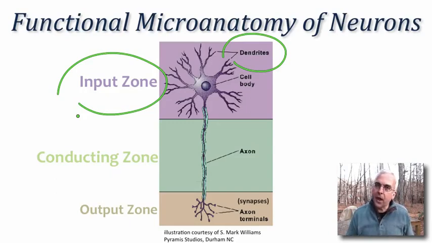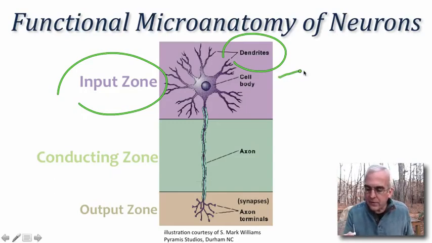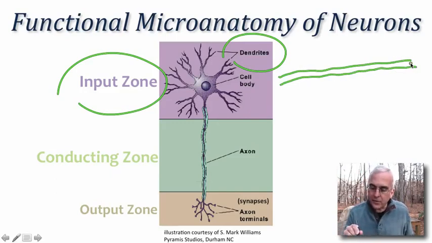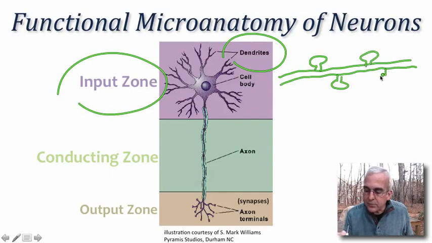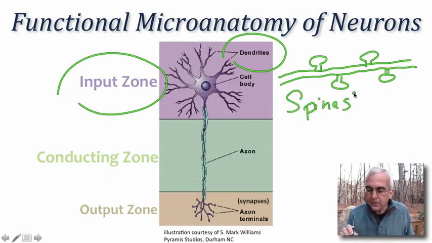Now, dendrites also have some very peculiar, very fine microstructural features, and these are called spines. So if I can illustrate just a length of a dendrite for you, I'll show you what I mean. Imagine that's a dendrite, and if we were to look at very high power, we might see under a microscope that there are these tiny mushroom-shaped protrusions out the side of that dendrite. These are called spines. Sometimes they're not quite so mushroom-like in their shape.